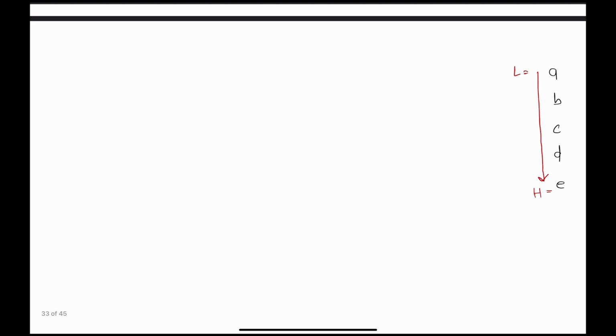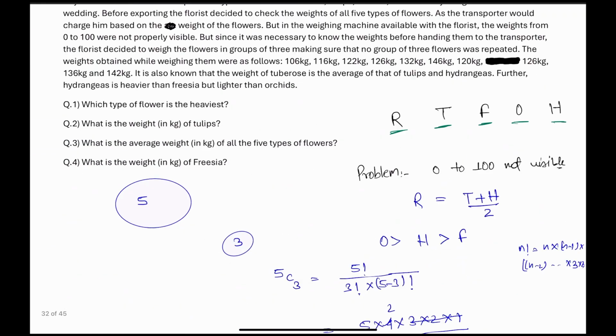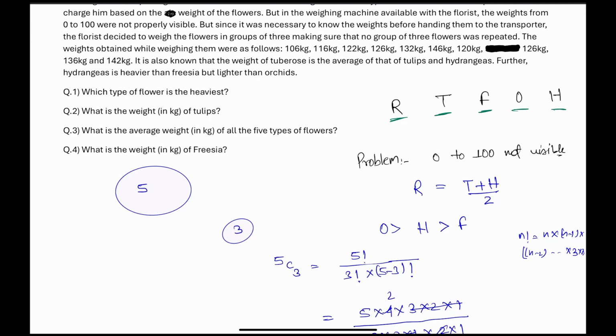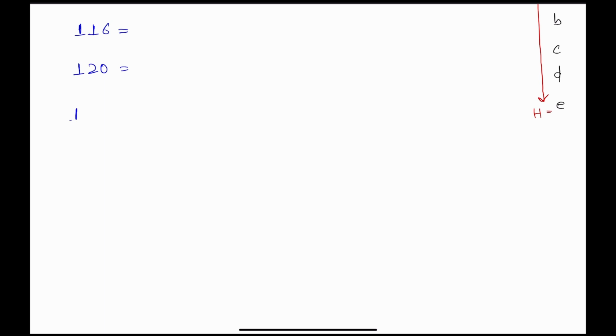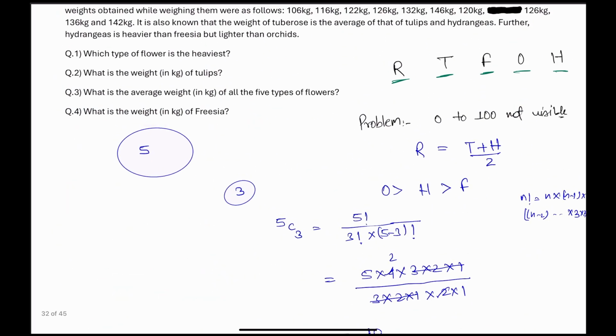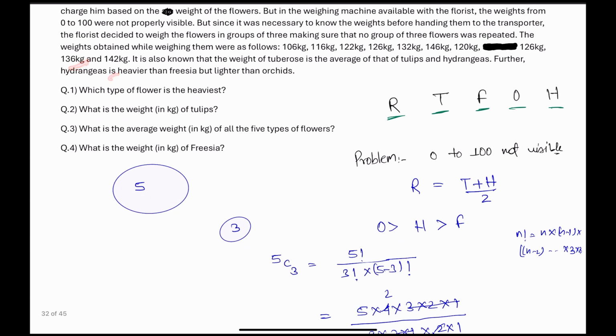Let's write all the values. First value is 106, second value is 116, third value is 120, fourth value is 122, then 126, 126, and I suppose there is one more 126. Let's check. Yeah, two 126s. Next is 132, 132, 136, 142.